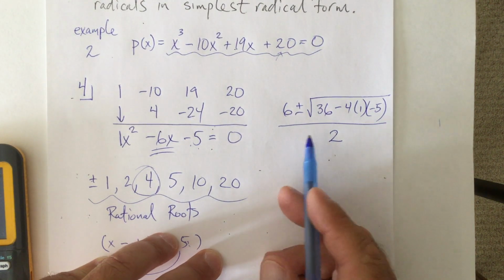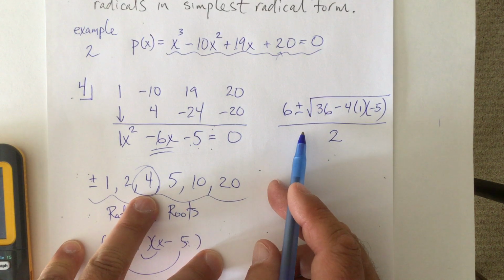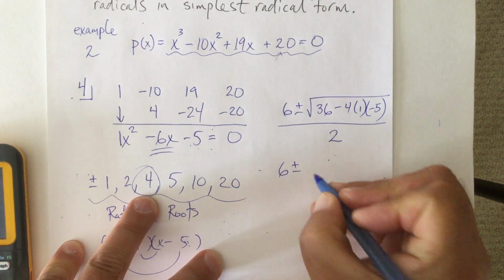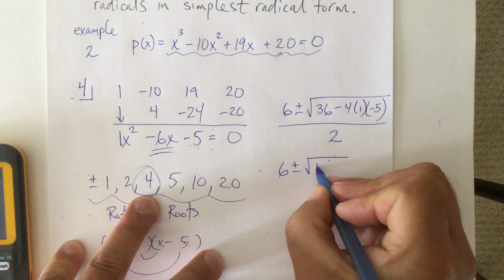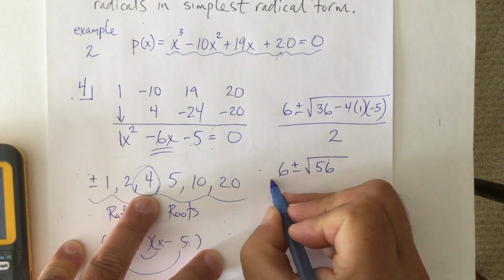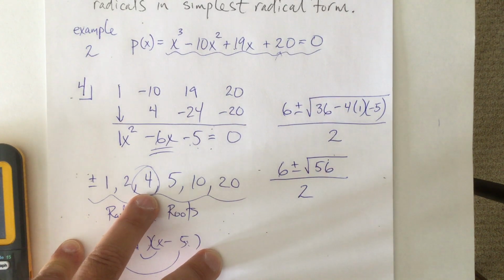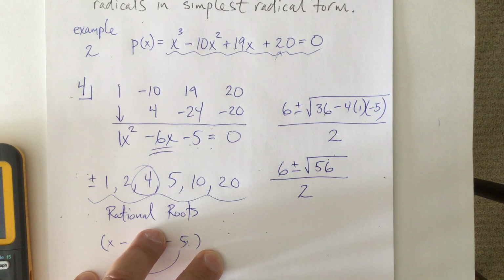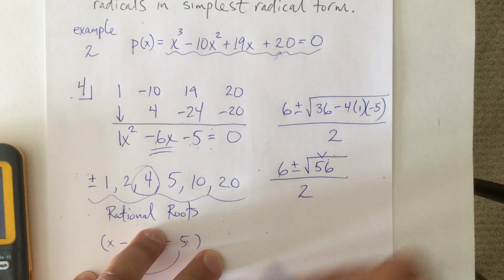Then I look at that thing and I go, okay, it appears to me that this will be 6 plus or minus the square root of 56 over 2. Boy, that's an ugly number. It really is. But I can even simplify this.